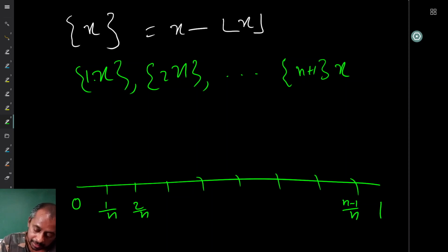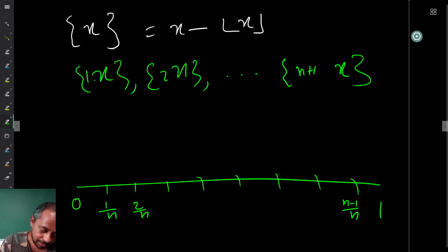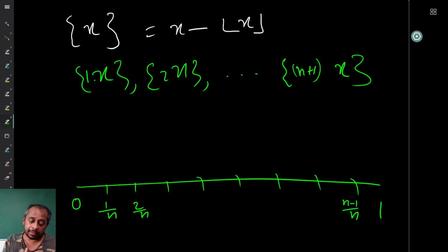Yeah, maybe I need to use the other bracket. So I have now generated n plus 1 irrational numbers. I am looking at the fractional part of each of these. So I get n plus 1 different fractional numbers. These are all related to x also, right?